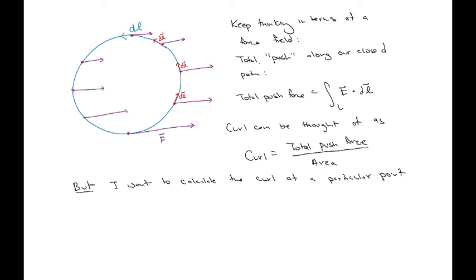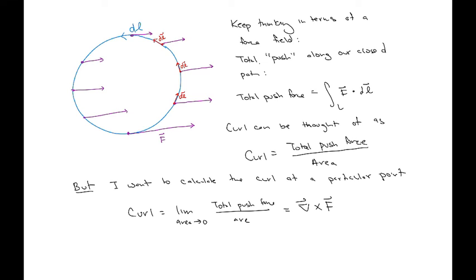To do that, I'm going to, of course, take a limit as the area goes to 0 of this idea of taking the total push force divided by the area. And when I do that, that's what ends up being equal to the del operator crossed with our force field.